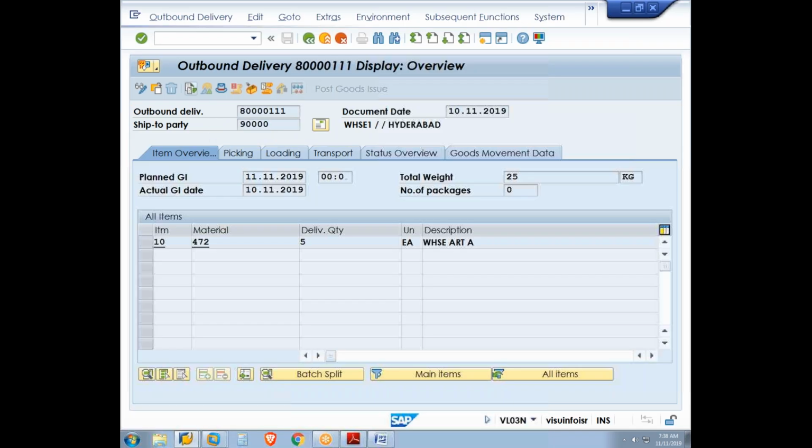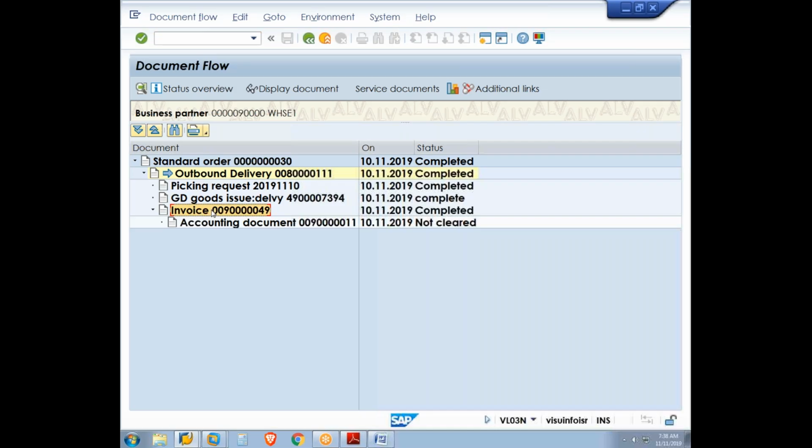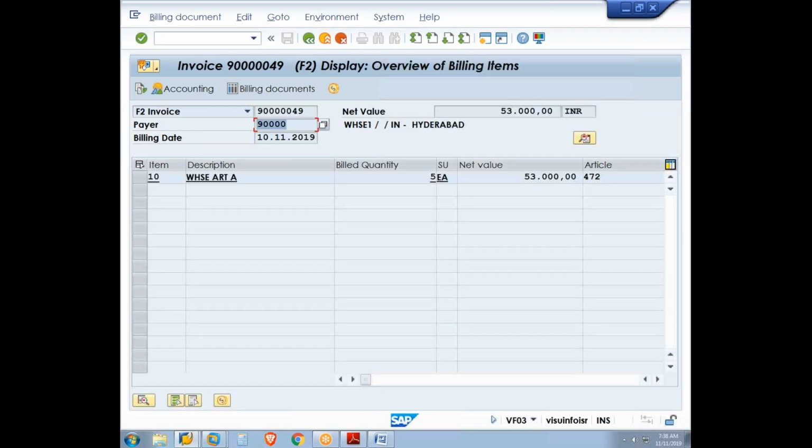Then for this delivery we have prepared a billing document, invoice. And if you see the invoice, in the invoice also we have entered this particular number as 90,000.